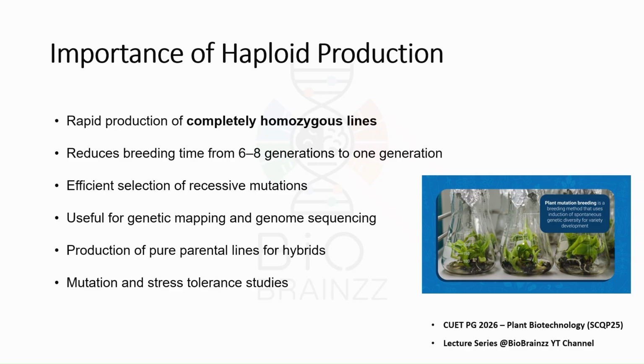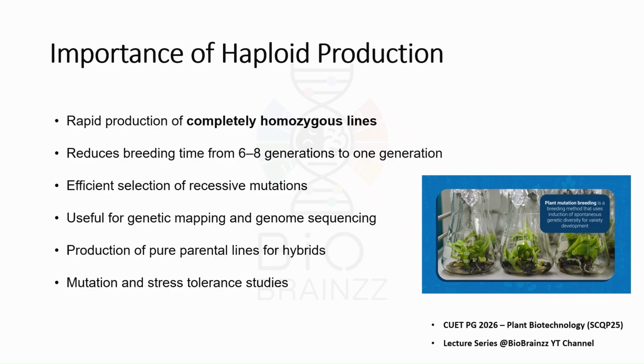Importance of haploid production. Haploid production significantly reduces the time required to develop pure breeding lines. Traditionally, breeding methods required repeated self-pollination over many generations, but haploid technology allows complete homozygosity to be achieved within one generation after chromosome doubling.